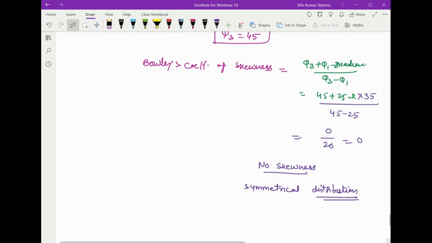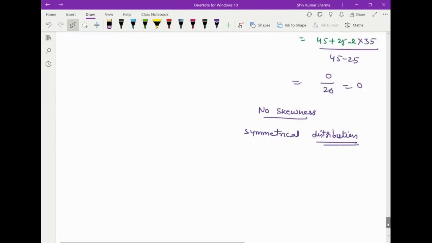Now you can solve the problems related to continuous series. Similarly, we have all the formulas. Now we move to the next method, which is Kelly's coefficient of skewness.